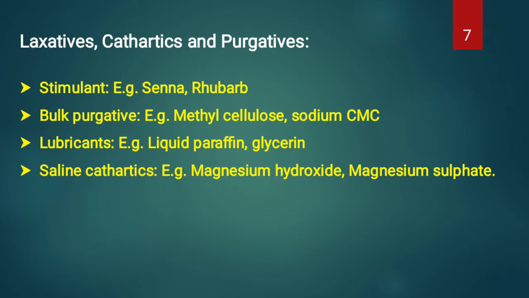Bulk purgatives include methyl cellulose and sodium carboxymethyl cellulose. Lubricant cathartics include liquid paraffin and glycerine, whereas saline cathartics include magnesium hydroxide and magnesium sulfate.